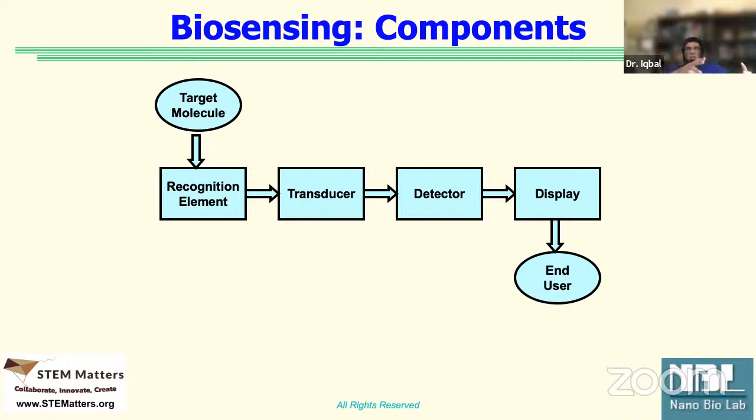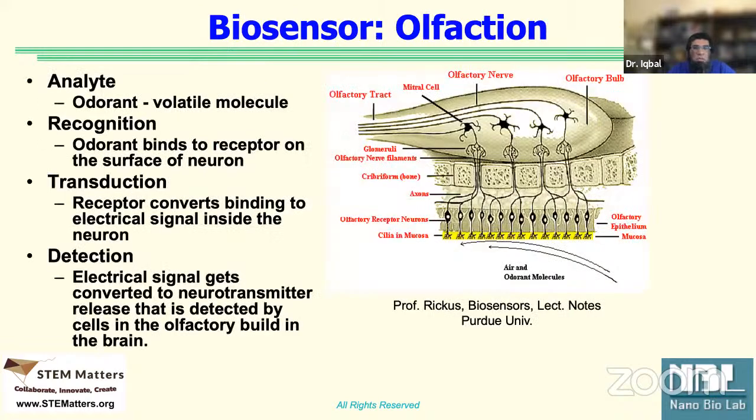So if I were to break it down into a block diagram, I can exactly put the features of a nose into that, right? And looking at the nose closely, it analyzes the molecules in air: perfume molecules, bad molecules, volatile molecules, bad smell molecules.